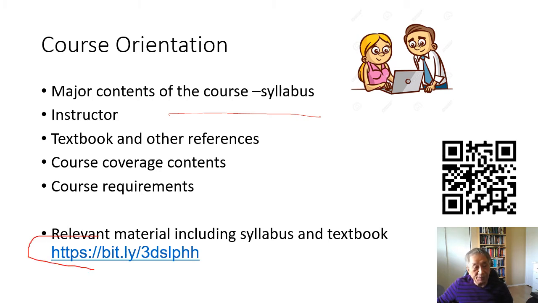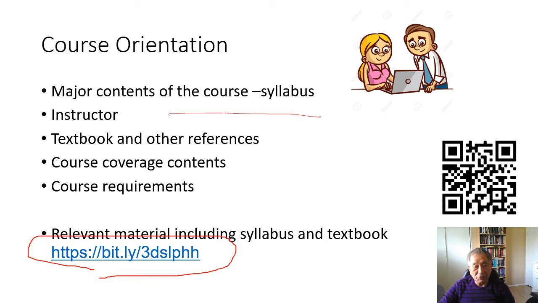If you type this one, or if you have a smartphone with a barcode reader app installed, just scan this QR code, which I'm sure you have been using a lot, then you will be directed to a directory where all the necessary files are, including textbooks, the syllabus, this PPT, and further material that I'm going to add as we progress with this course.